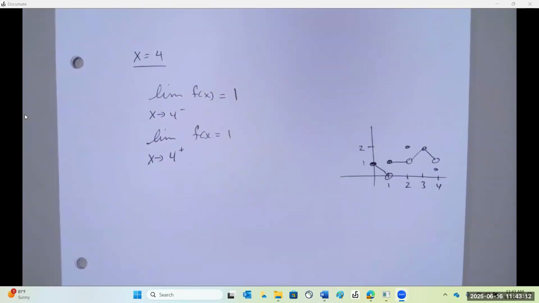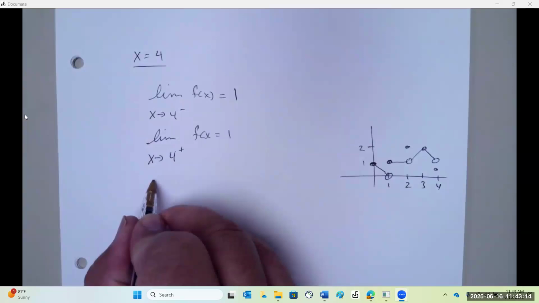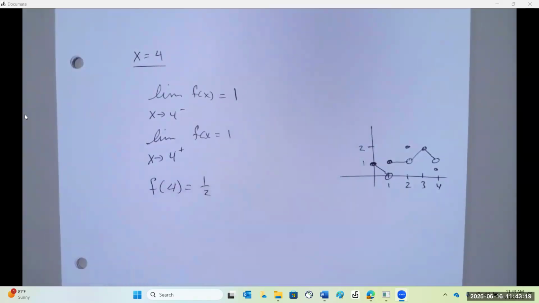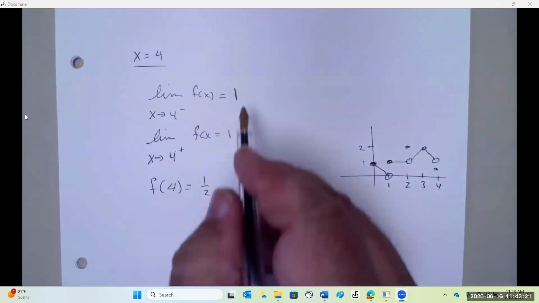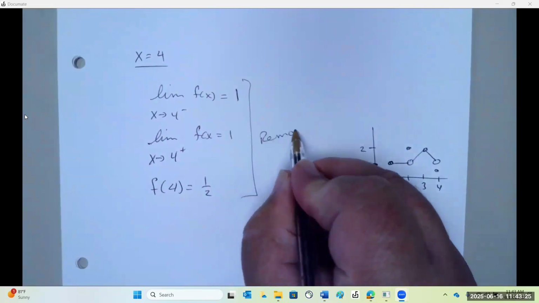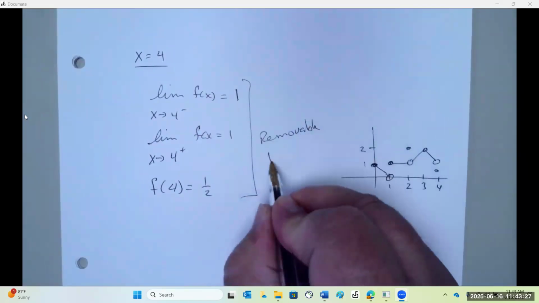But what's the problem at it? The value at 4 equals 1/2. Again, because of that, it's a removable discontinuity.